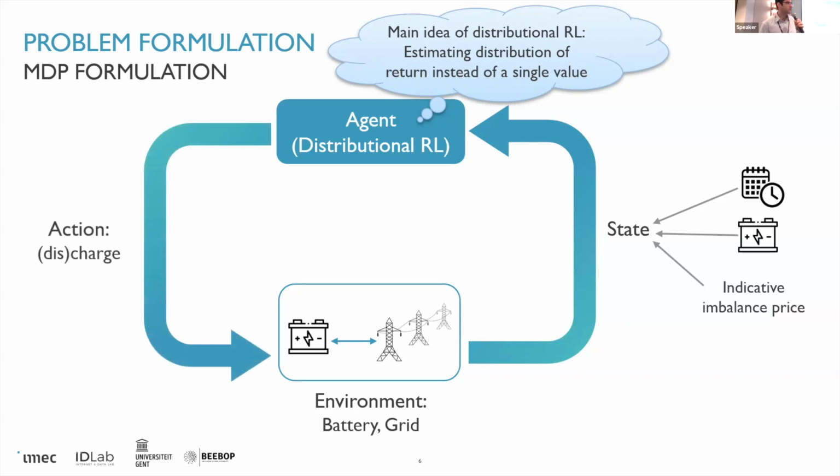Based on this state, our agent takes an action, which can be either charging or discharging the battery or doing nothing. After taking the action, the environment provides a reward, which in our case is the energy cost.